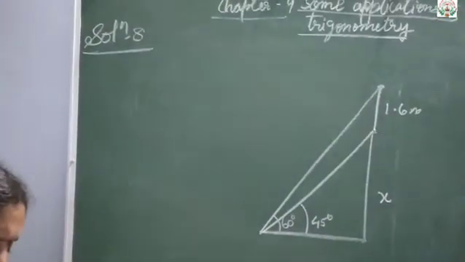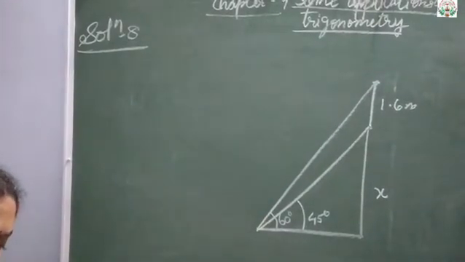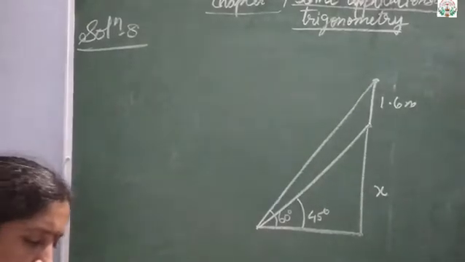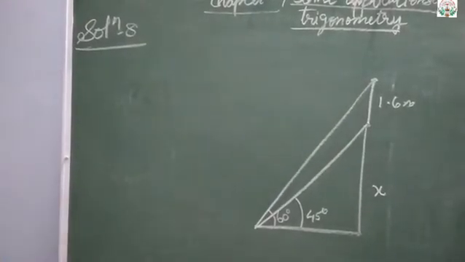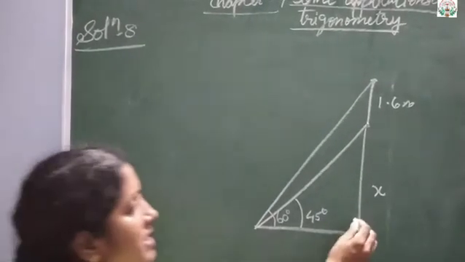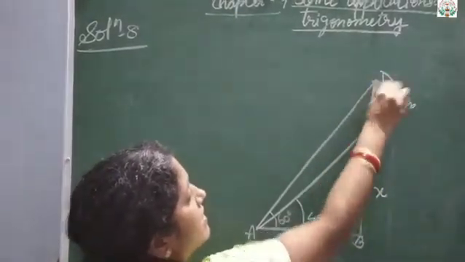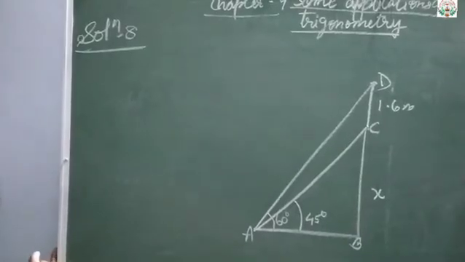Clear? Understood? So now what you have to find? Find the height of the pedestal. Now you can see in this figure, suppose name it as A, B, C and D. Same like previous question you have done.